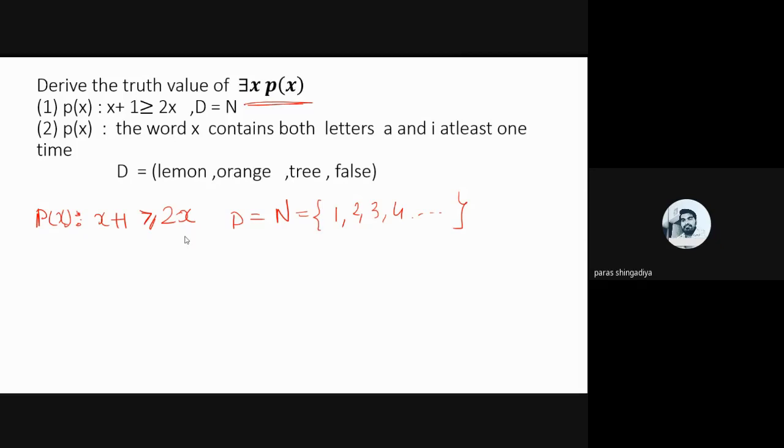So check that for a single value of the domain, if P(x) becomes true, then there exists x P(x) will be true. And if for all values of the domain P(x) becomes false, then there exists x P(x) will be false. Can we find any value from the natural numbers where P(x) becomes true?